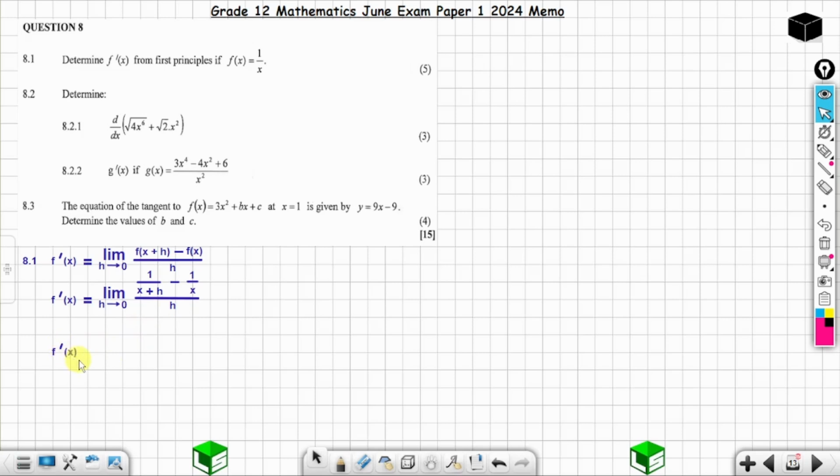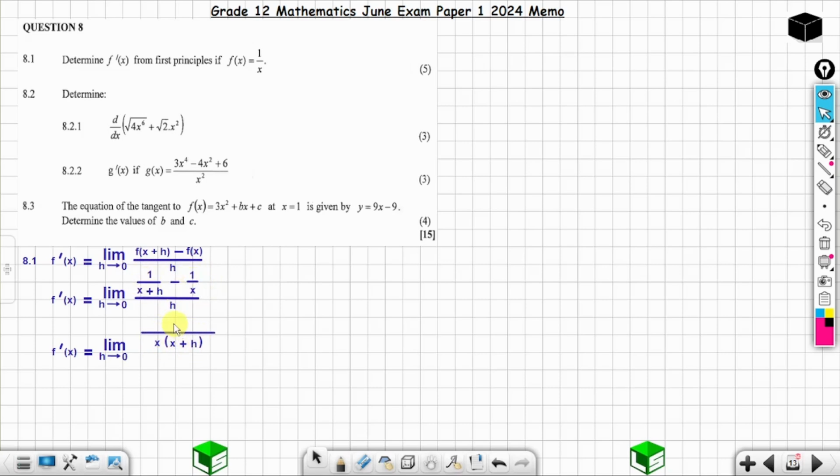F prime of x is equal to the limit as h approaches 0. Now you have this in the numerator. You are going to take your common denominator for this. You have x times x plus h. This is the common denominator for what you have there.